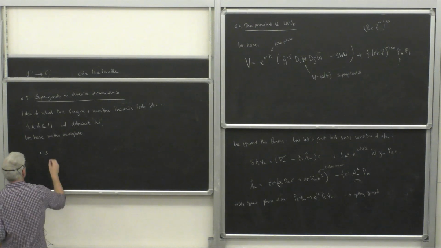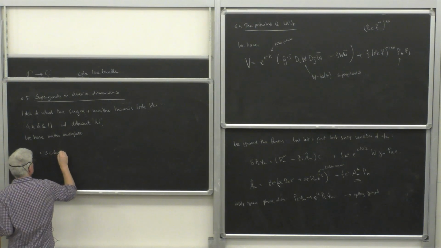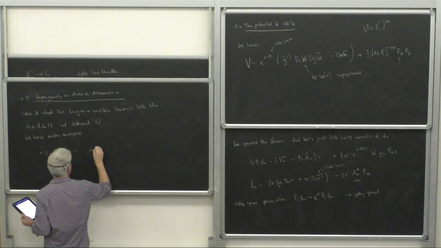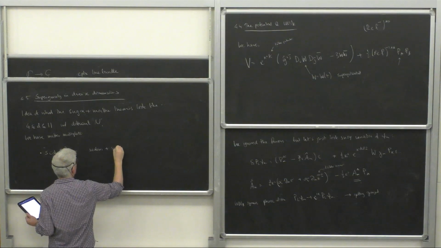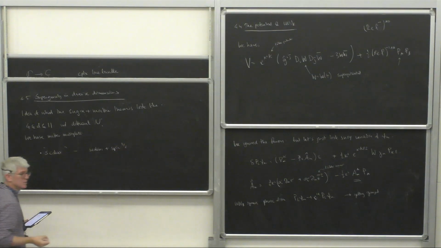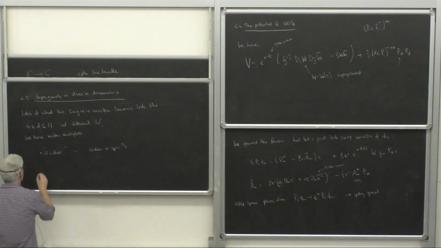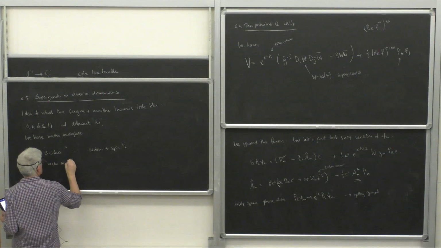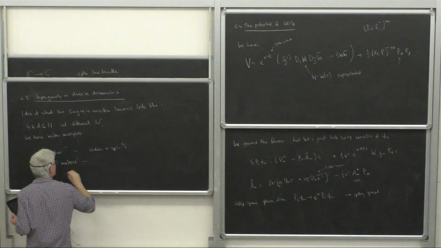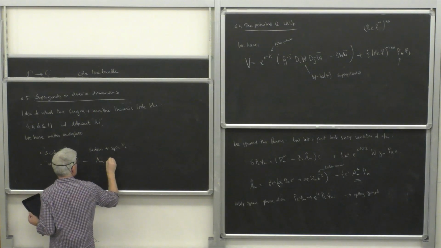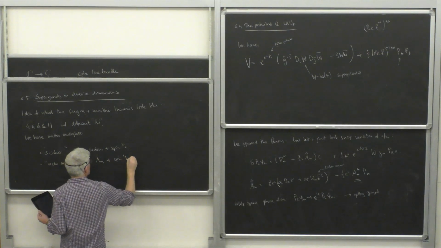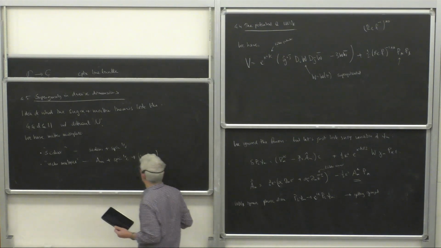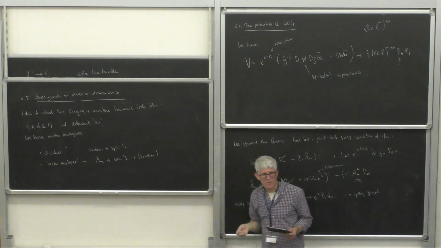So in general, there'll always be things that I call scalar multiplets. And the idea is that these have scalars in them plus spin a half, but nothing else. And then I'll have things that I call vector multiplets. And these will have vector fields plus spin a half. And they might sometimes have scalars. They don't have to have scalars, but depending on the number of supersymmetries, they might have scalars.